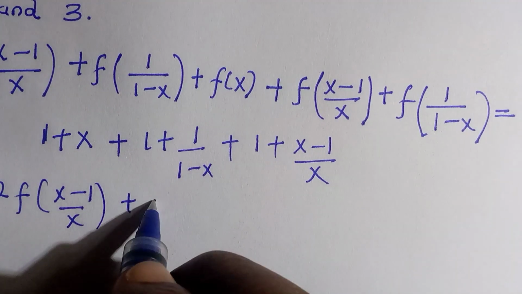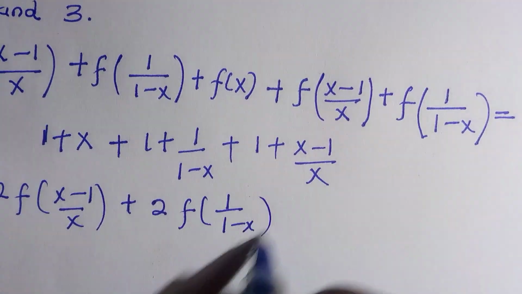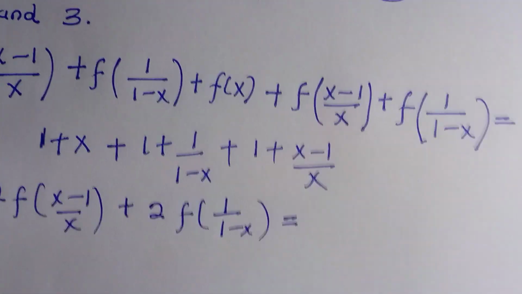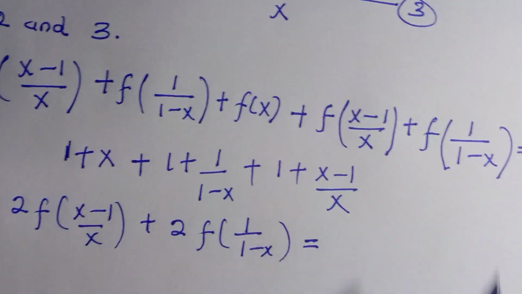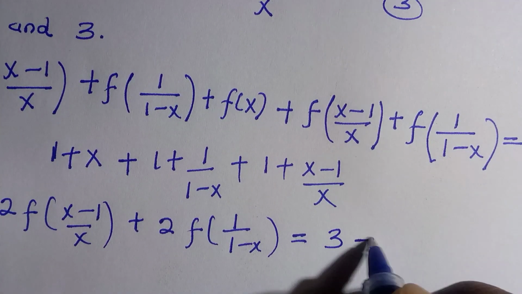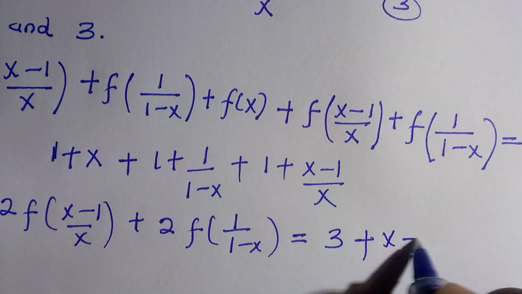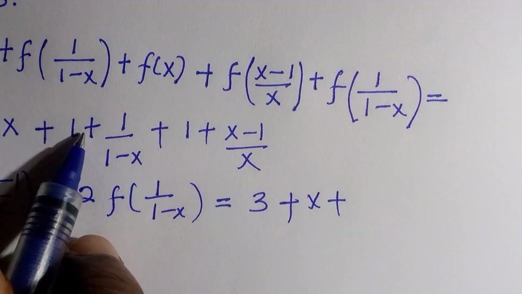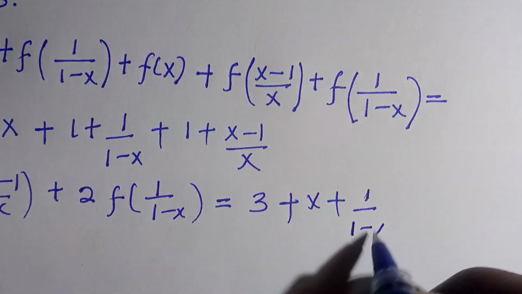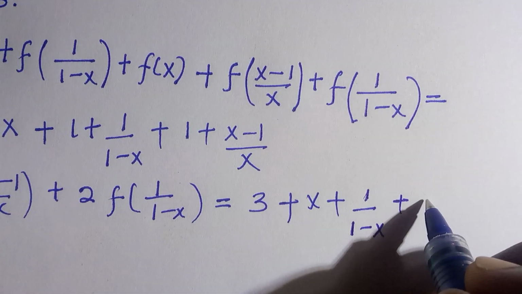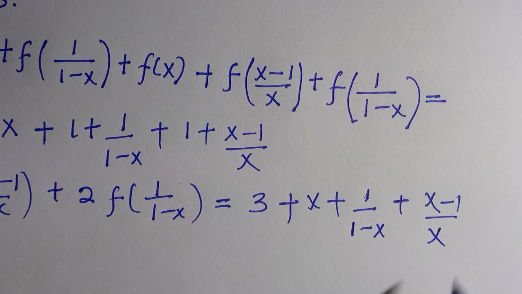Then we also add it as 2f bracket 1 divided by 1 minus x. Everything equals to, for this we're having 1 in 3 times, and we add everything together, that is 3, plus we're having x separate and nothing again, we add it, plus then 1 divided by 1 minus x separate, plus x minus 1 divided by x separate.